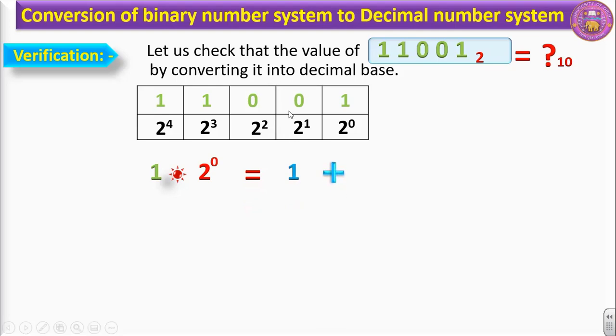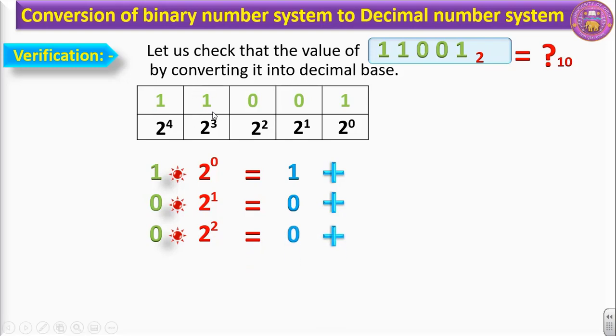The next value is this one. 0 multiplied by 2 raised to power 1. Anything multiplied by 0 is 0. The next number is this one. 0 multiplied by 2 raised to power 2. Again this comes to 0.